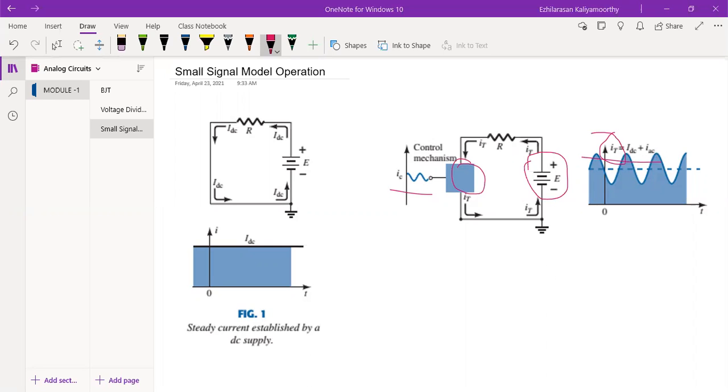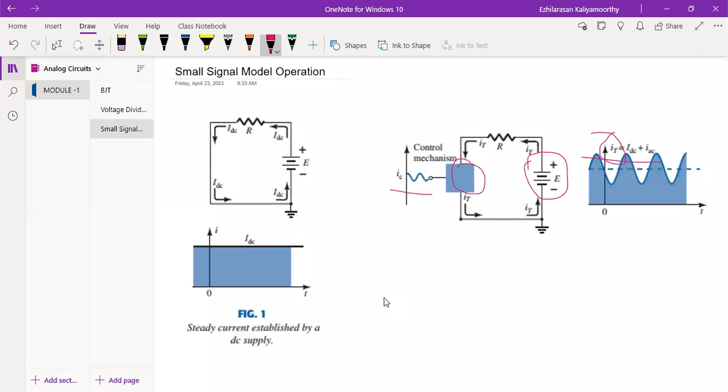Regarding efficiency, the conservation of energy dictates that over time, the total output power P naught of the system cannot be greater than its input power Pi.